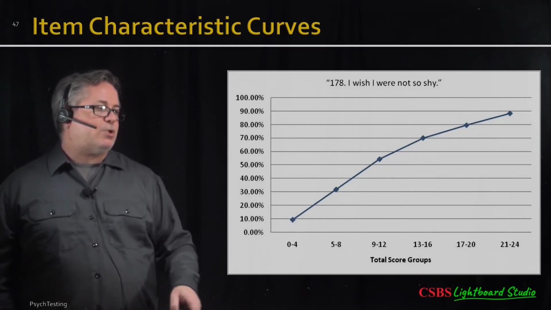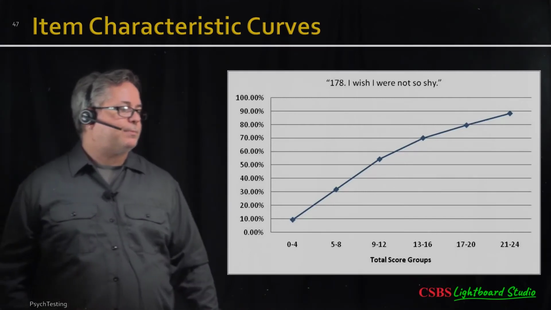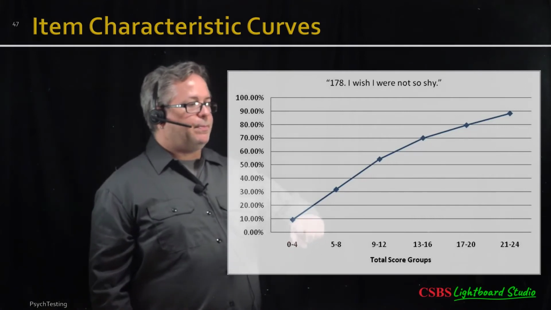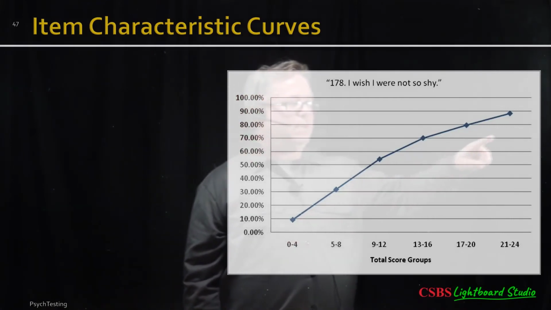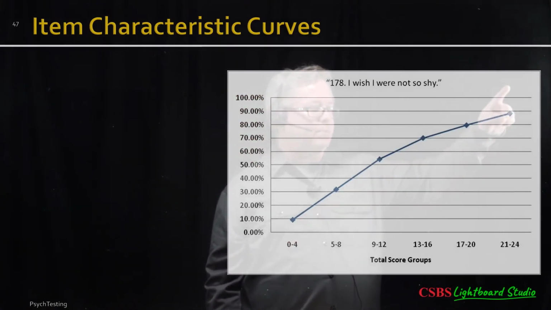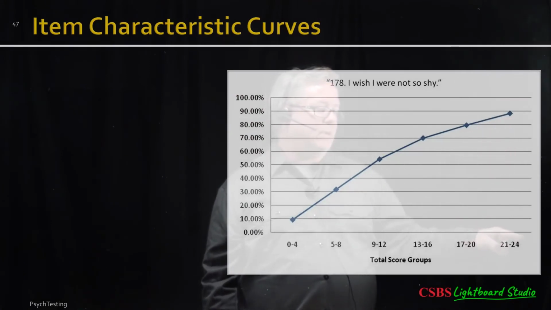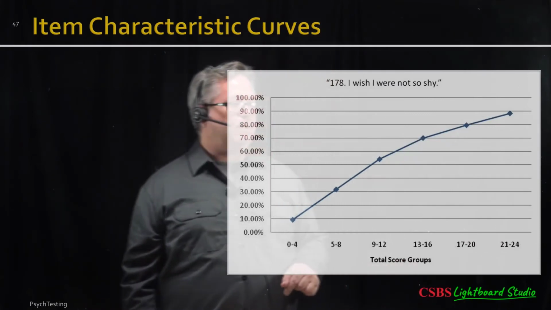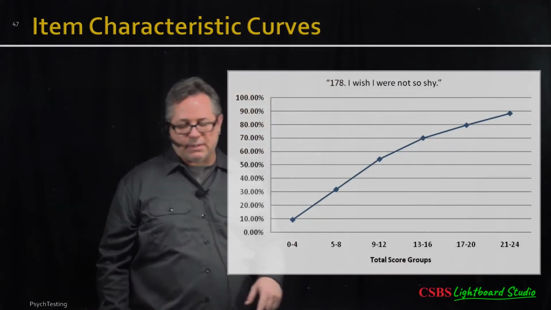I wish I were not so shy. So look up here, you get a similar issue with the problem too. Even if you're in the maximum group, with the most social anxiety, you're still not 100% likely to endorse the item. It never really gets anywhere near 100%.